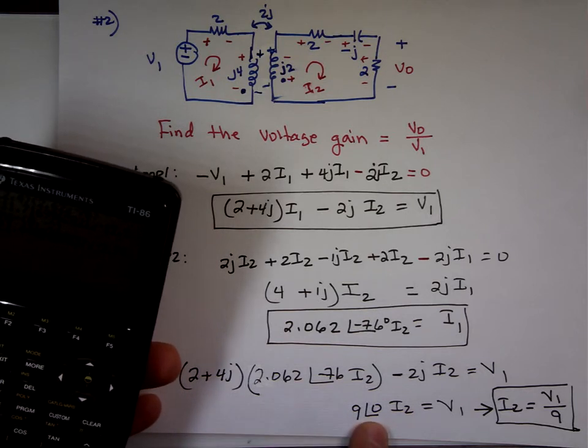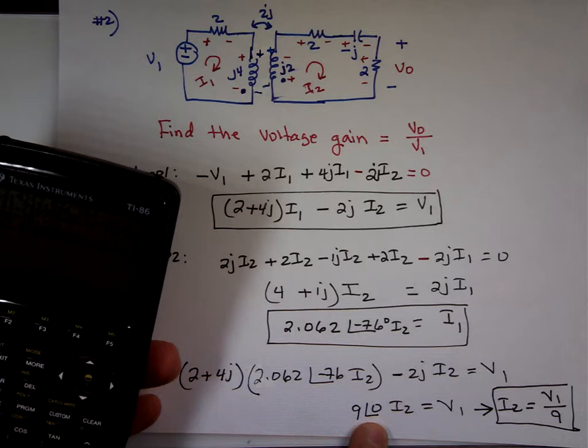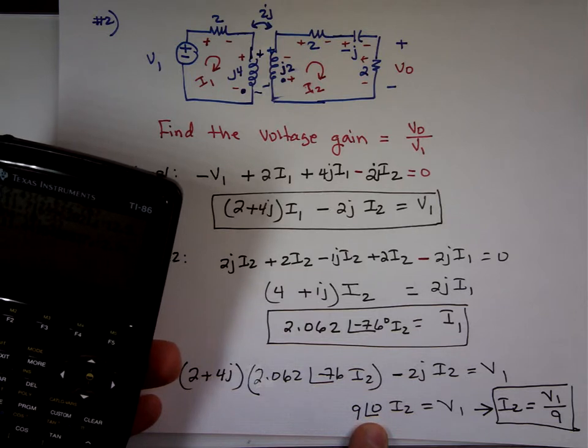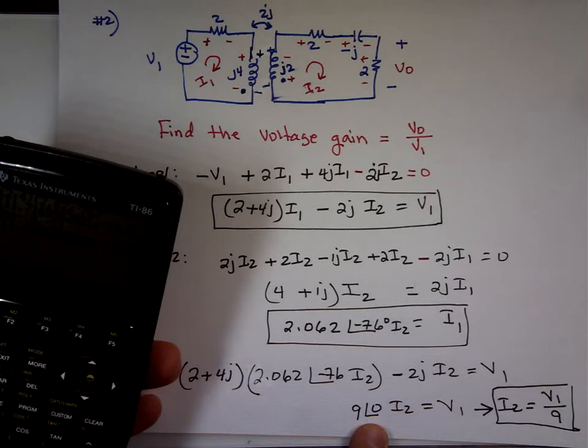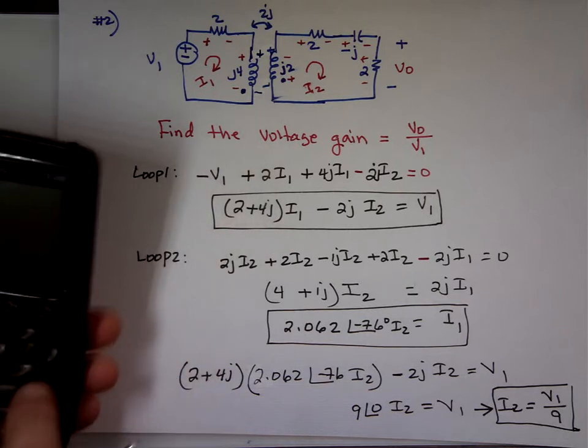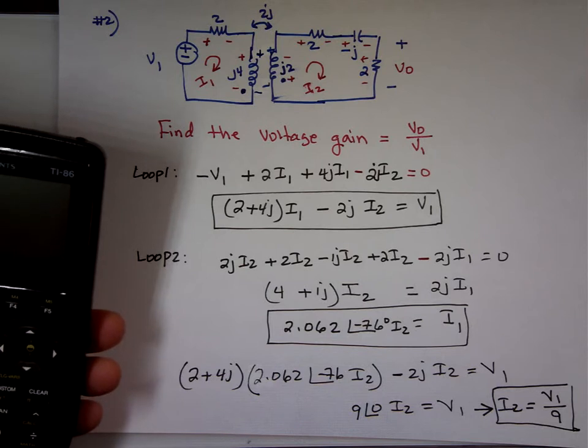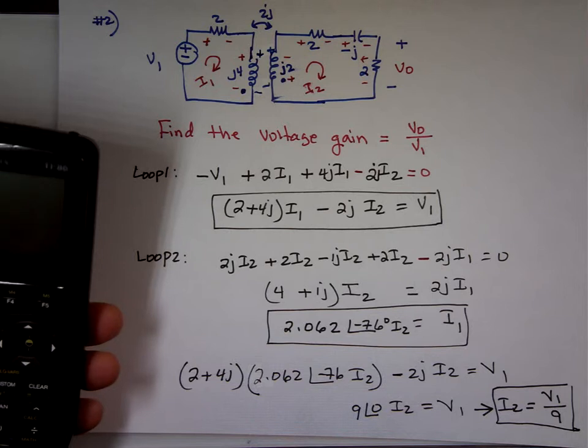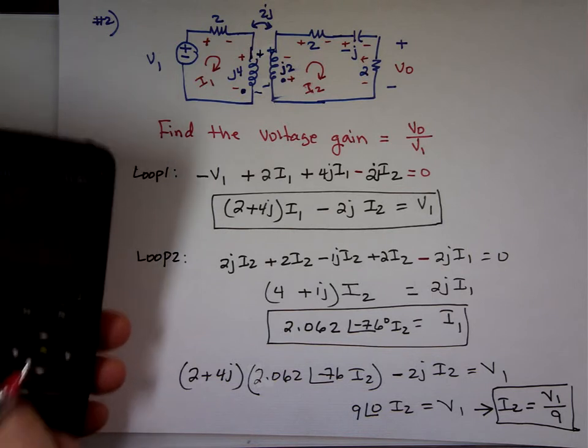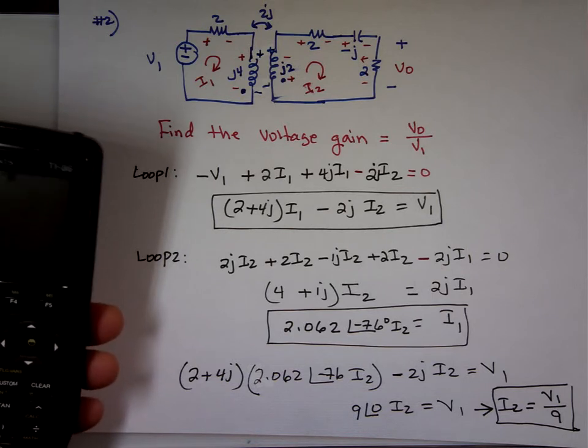Instead of 9, I got 11.44 angle negative 2. Let me double check one more time. 2 comma 4. I told you I'm the worst person with calculators. 2.062 angle negative 76. I think that was a 76, right?